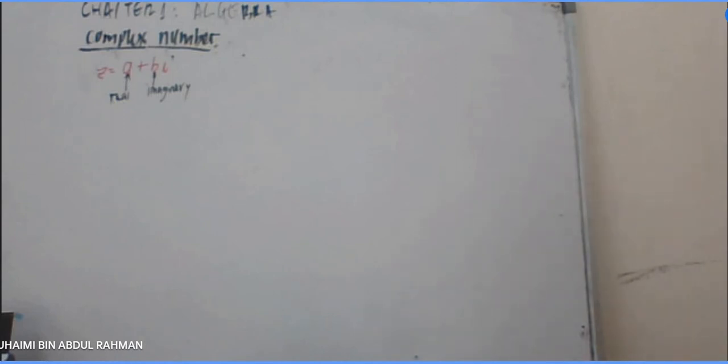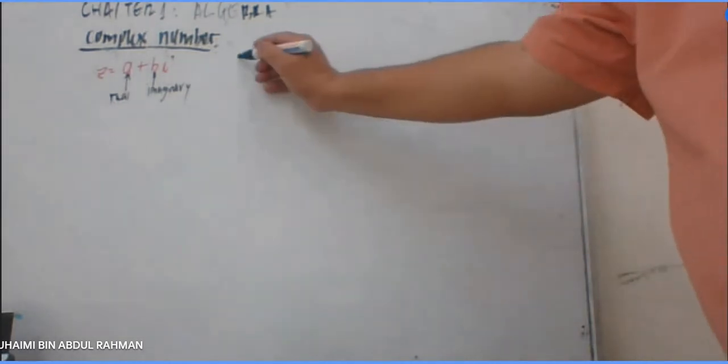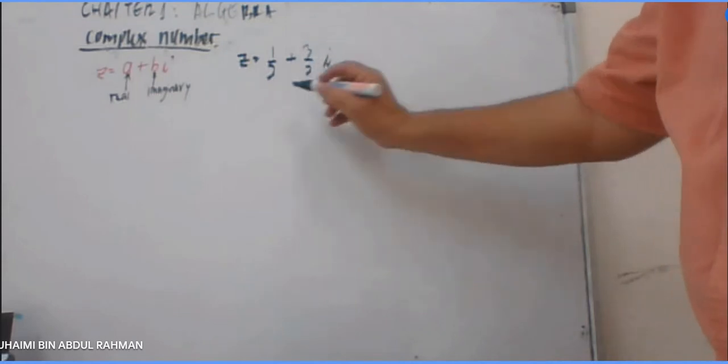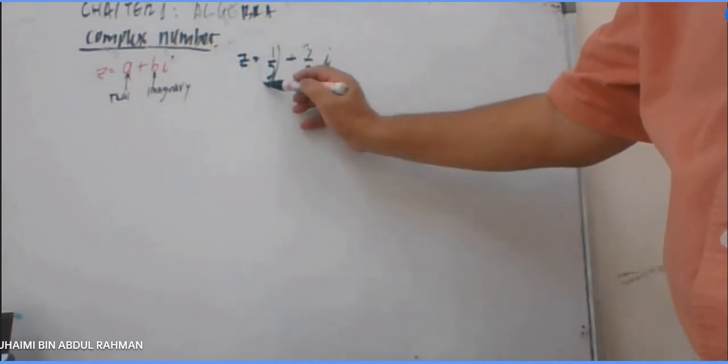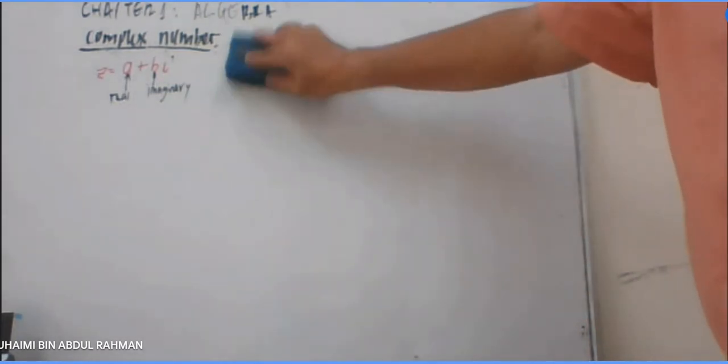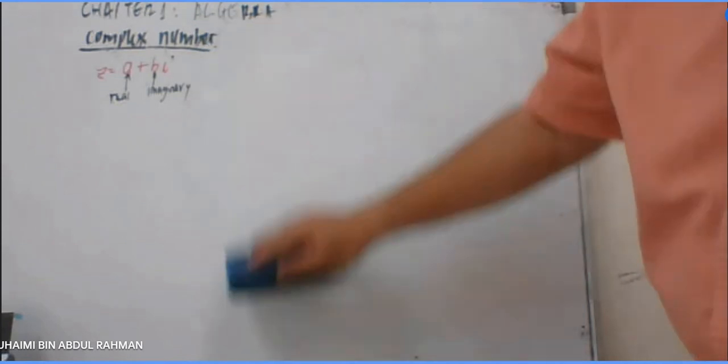And if the complex number is 1/2 plus 3/2i, we can say this is the real part and this is the imaginary part of our complex number. Remember that a complex number must always consist of real and imaginary parts. Sometimes the real part is only 0, but we can still consider it a complex number because we have a real part even though its value is 0.